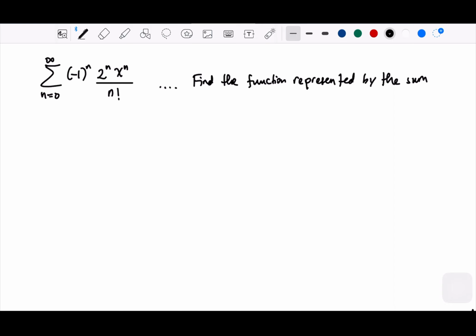Which means we need something from this sum that can be related to the Maclaurin basis, like the x to the power n, we can connect it to x to the power n. We can find the pattern, right?